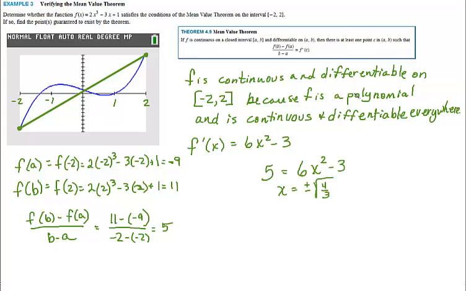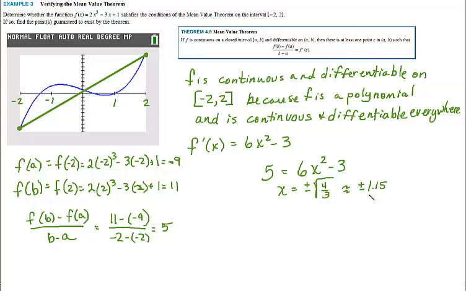Alright, I get x equals plus or minus the square root of 4/3. That's going to be about plus or minus 1.15. This tells me that I have 2 points in this interval.